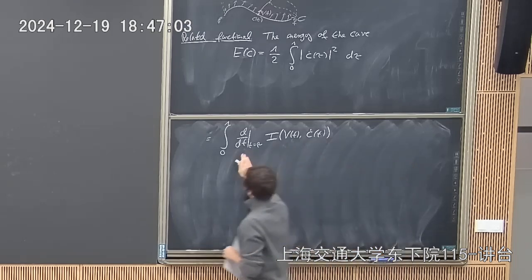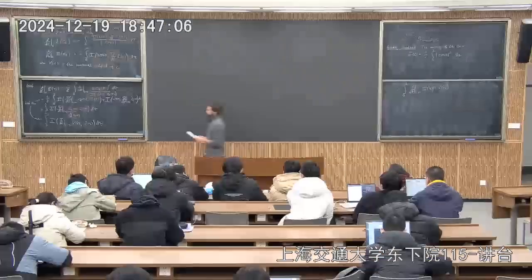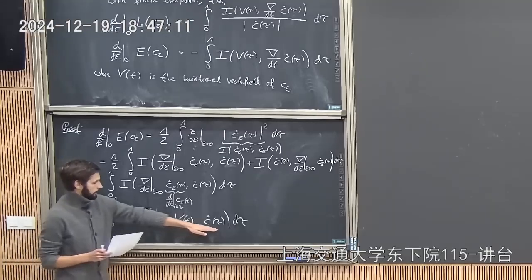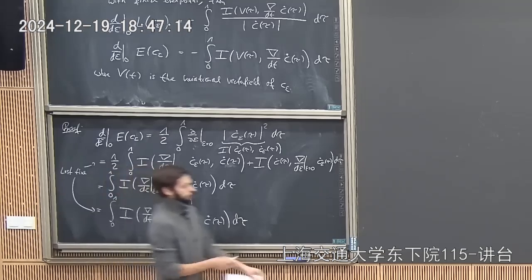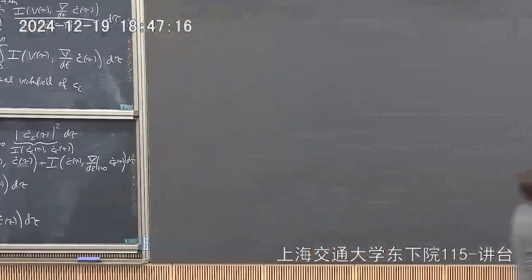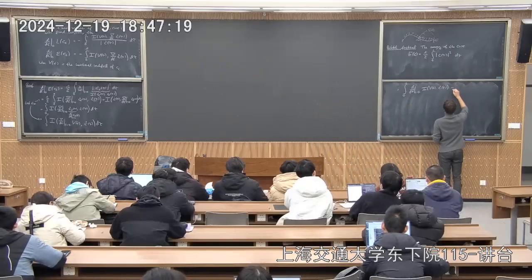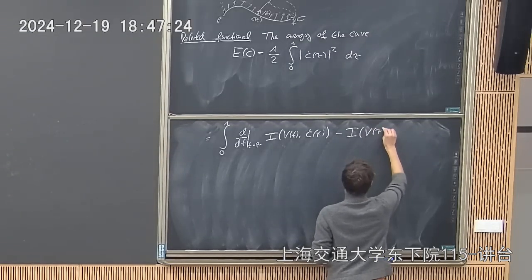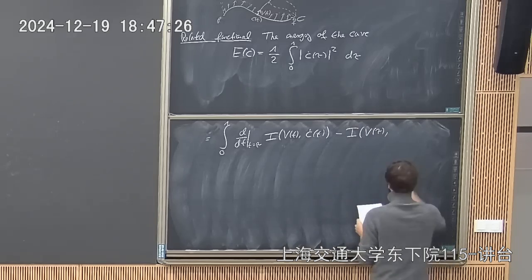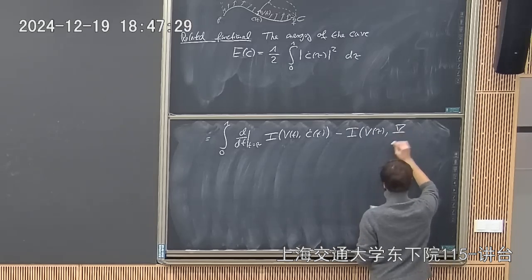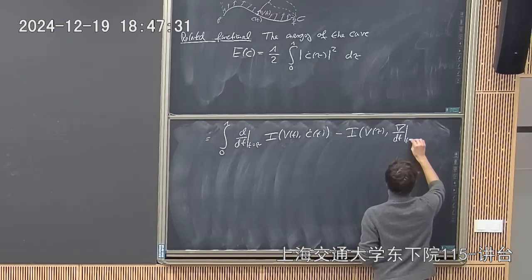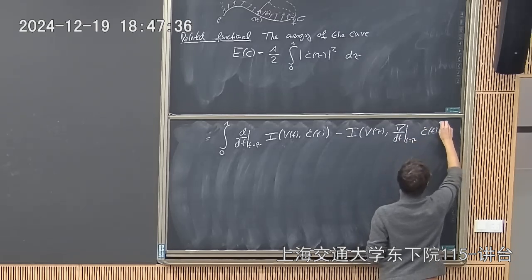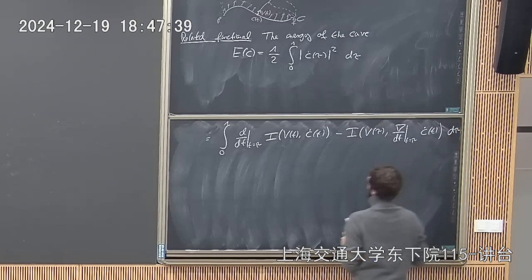If you look at the first part, what we get is exactly this kind of expression. But then we get a second summand, which we have to account for and we have to subtract. So in this case we have to take the variation and derivative, the covariant derivative, tau of the curve C of t. And then we integrate that.